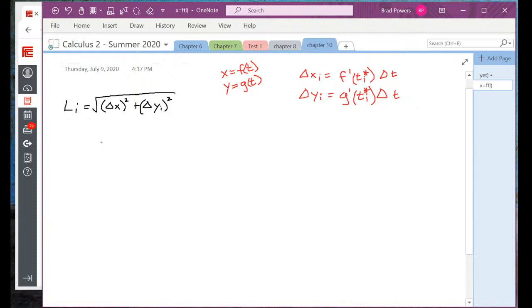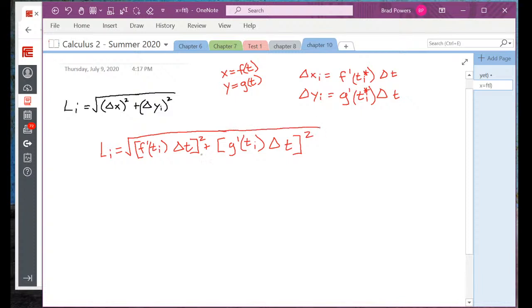We get that any of those little chunks could be written as the square root of f prime of t sub i times delta t, squared, plus g prime of t sub i times delta t, squared.